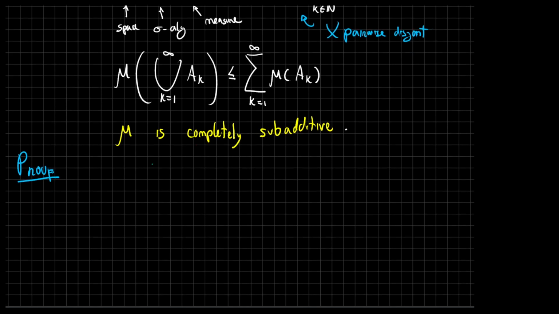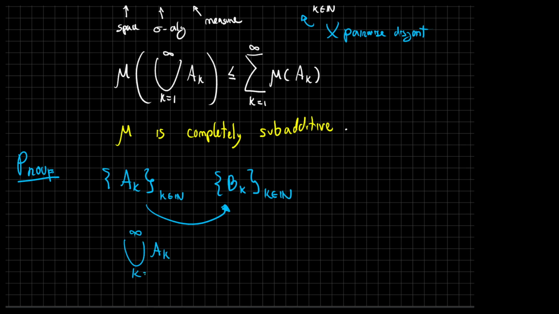So it is evident that we will try to construct from this family of sets another family of sets that is in fact pairwise disjoint, such that the union of this family is equal to the union of the other family.